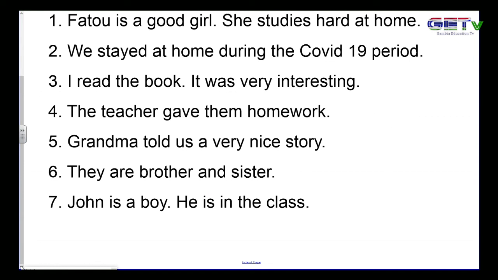5, Grandma told us a very nice story. What is the pronoun in number 5? Grandma told us a very nice story.